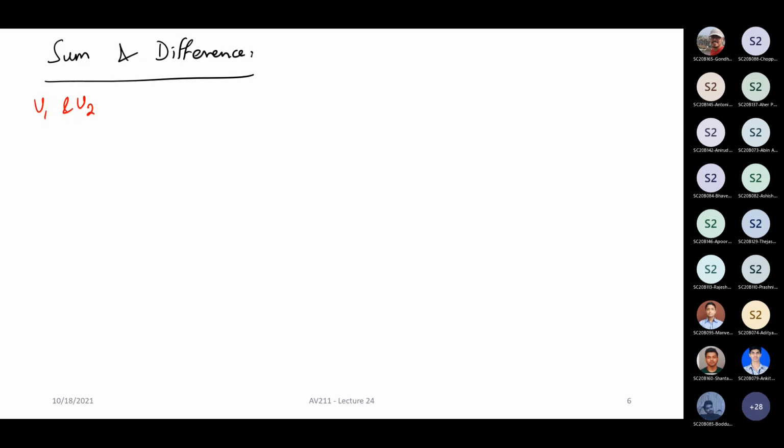These can very well be analog signals, not necessarily DC. Now let us say you want to add V1 and V2, or to be more generic, you want to add K1 times V1 plus K2 times V2.